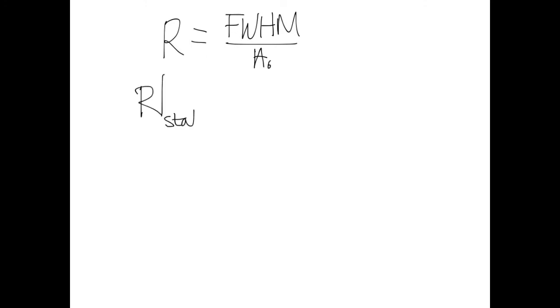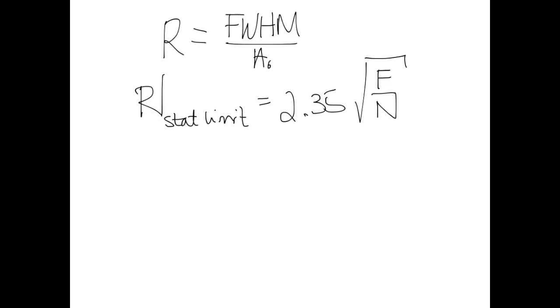So this is the limit defined by Poissonian statistics. And this is equal to 2.35 times the square root of the Fano factor divided by n, the number of charge carriers created. If I wanted to write this in terms of energy resolution, this is 2.35 times the standard deviation in energy divided by the energy.